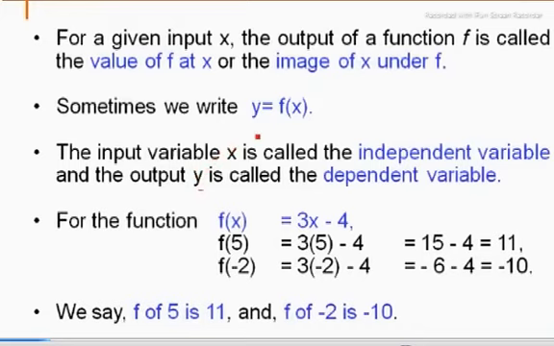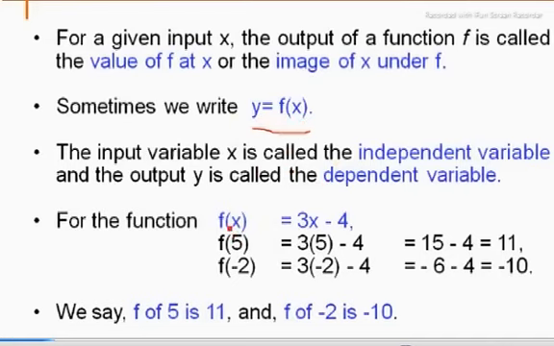In this representation, the point y is called the dependent variable and the input x is called the independent variable, and we read it as y is equal to f of x.